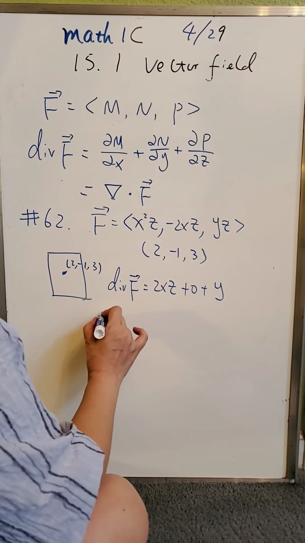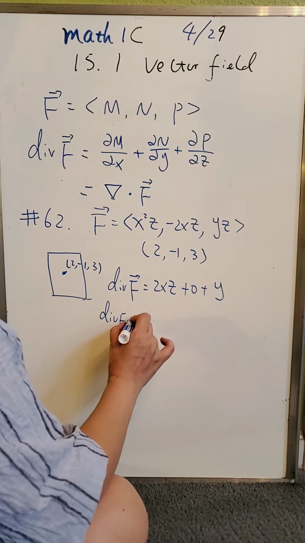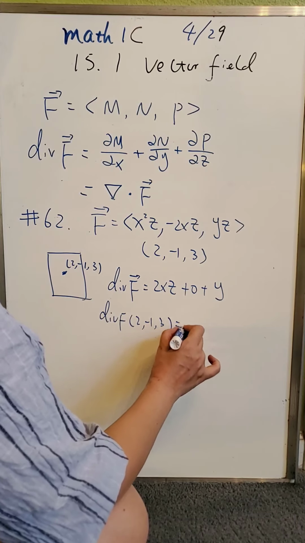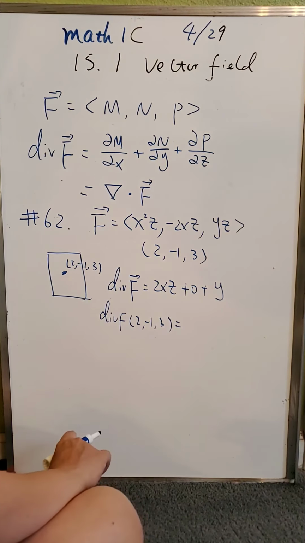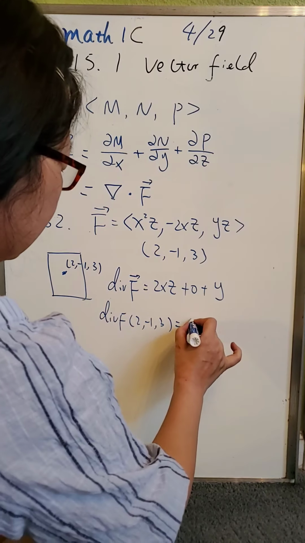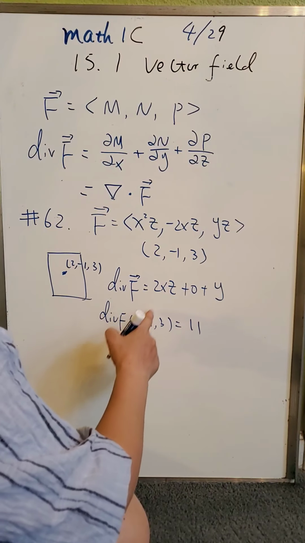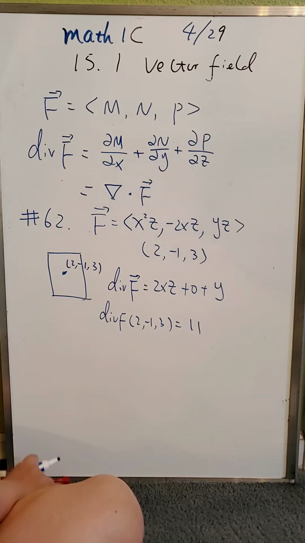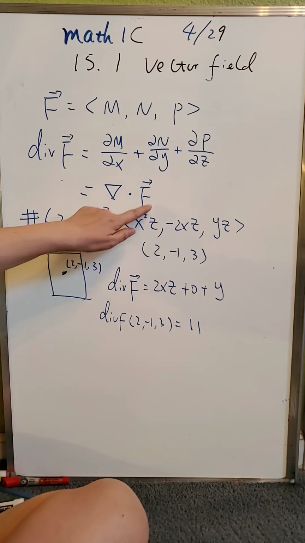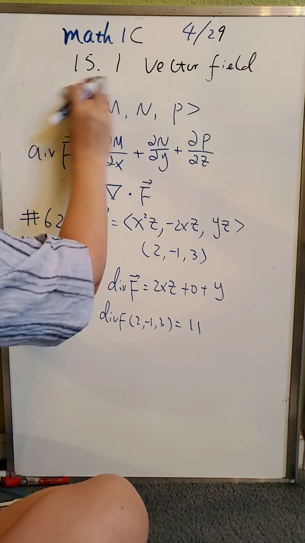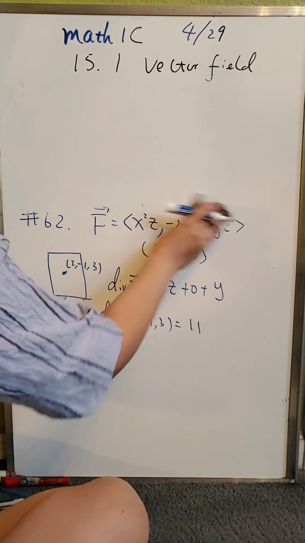Now put in these numbers: it comes out equal to 11. Just put the x, y, and z inside, and that's what I get. So that's basically it for today's lesson. If you see this notation, it also means divergence. So that's all for today.